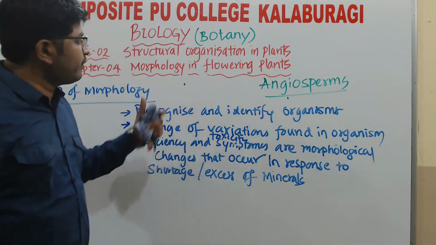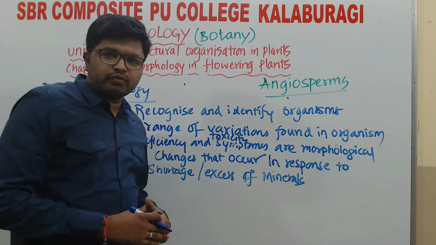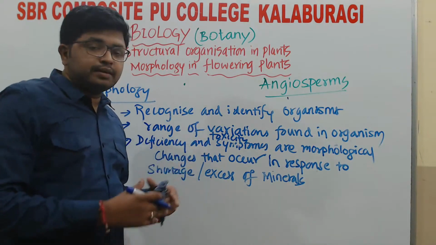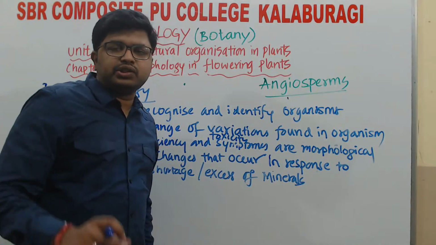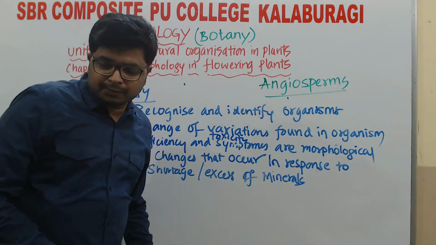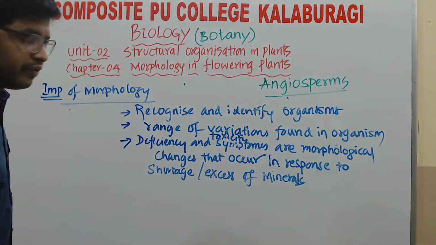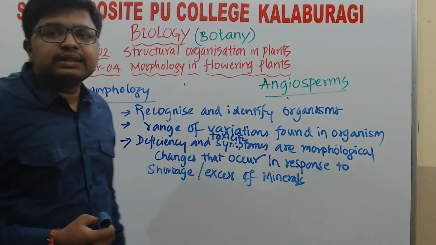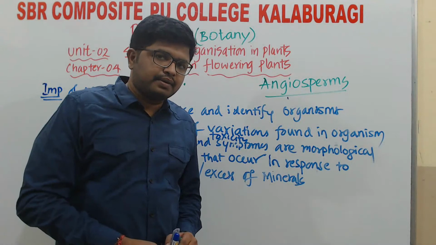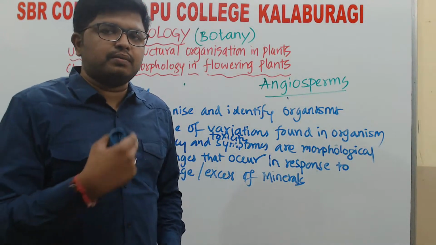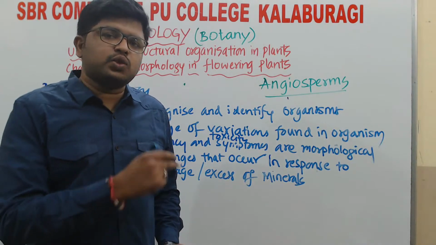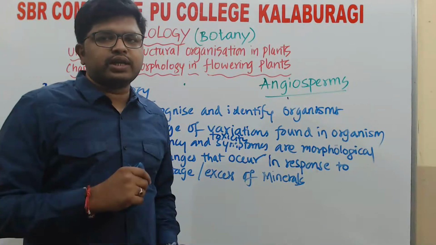Okay, so what we have understood, we have understood the definition of morphology, we have understood its importance, and I have also briefed you about the flowering plants, which are said to be the angiosperms. Going forward, as per the revised NCERT syllabus, most of the syllabus has been excluded from the old syllabus.